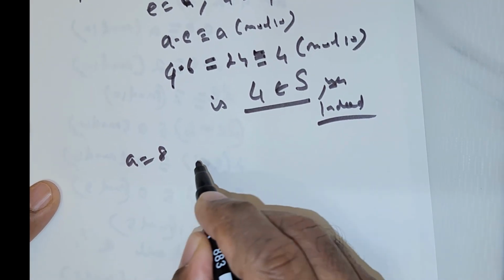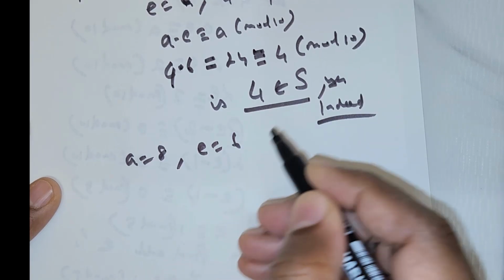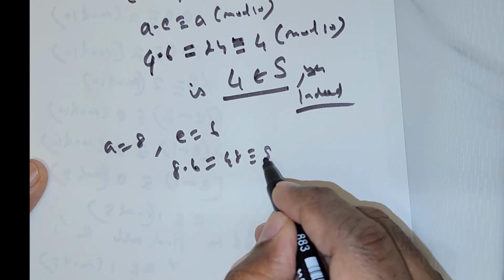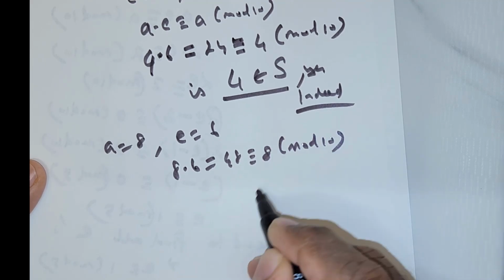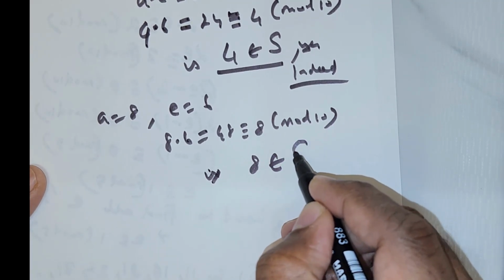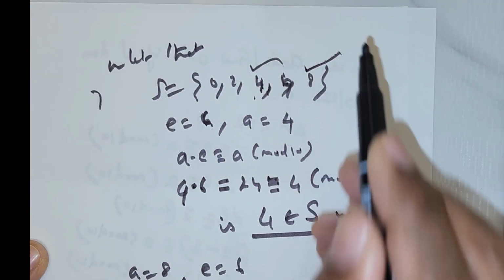Now let me check one more element. So A is equal to 8. And our E is 6. So 8 times 6 is equal to 48, congruent to 8 mod 10. Now the question is, is 8 an element of S? Yes, indeed.